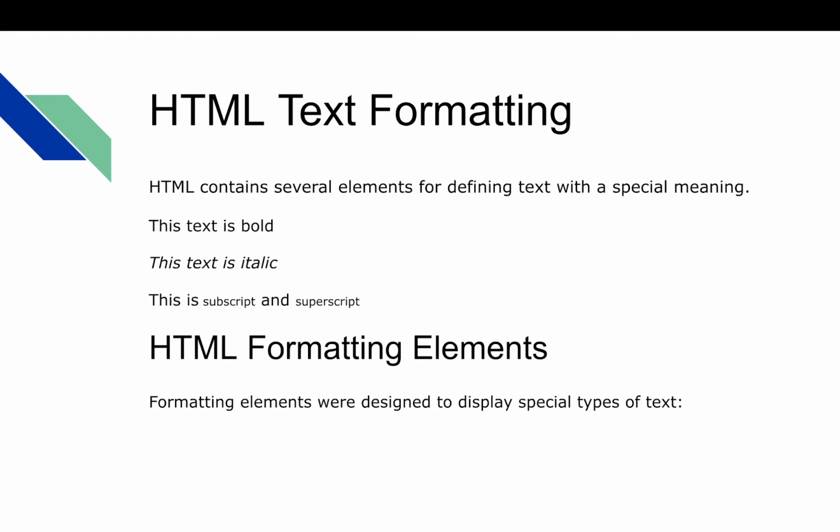Likewise, when you're writing code, there's a format we use. It's called HTML text formatting. Each text formatting has its own elements, so we are going to look into those elements as we move forward in this course.